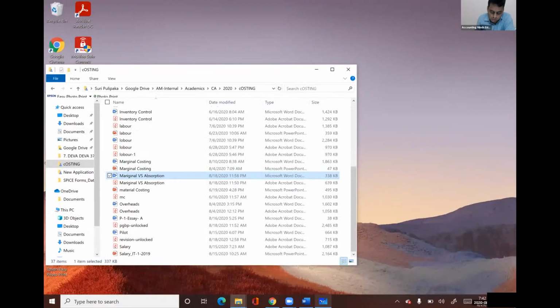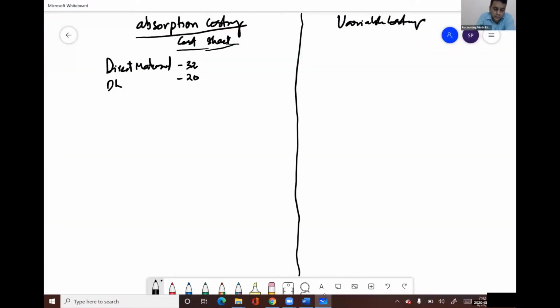What, Manisha? How much is the direct material? Direct material is 32. Cost sheet. Anybody else? Nitya, how much is the direct material? So 12,000 into 32, sir.